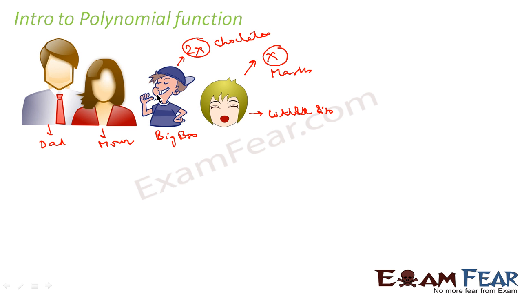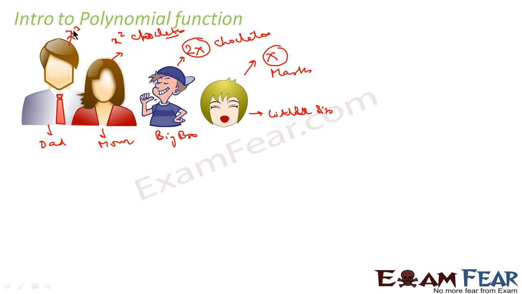Mom says if you get X marks, I will give you X square chocolates. That means I'll square the marks you have got, that many chocolates I'll give you, correct? And dad said if you get X marks, I'll give you X cube chocolates.